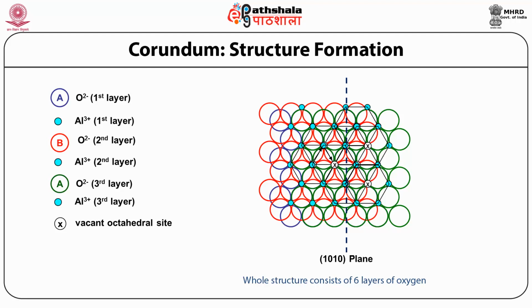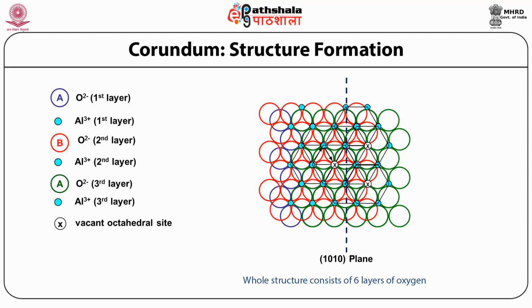After the filling of the second layer, some voids are still present which are covered by the third layer, represented by A in green circle corresponding to O2 minus and blue color filled small atoms, that is Al3 plus.